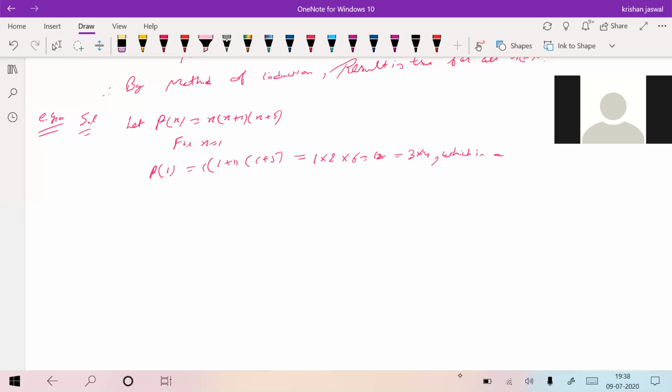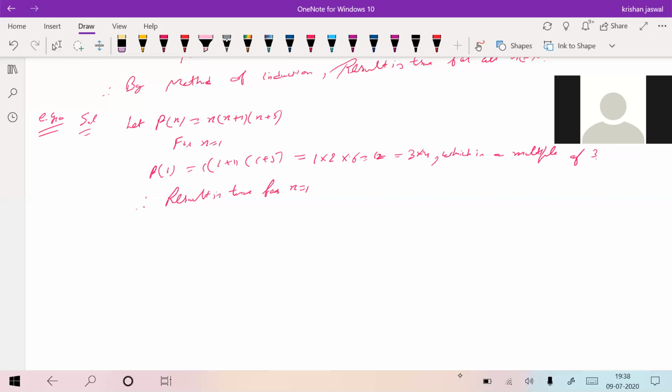Factor or multiple, all things are same. Therefore, the result is true for n is equal to 1.